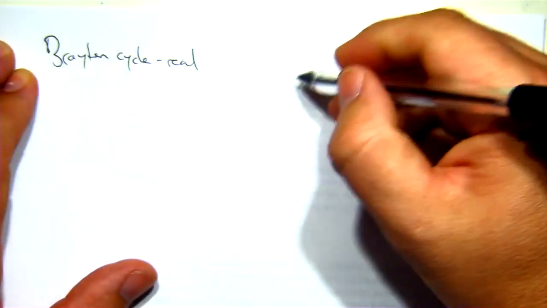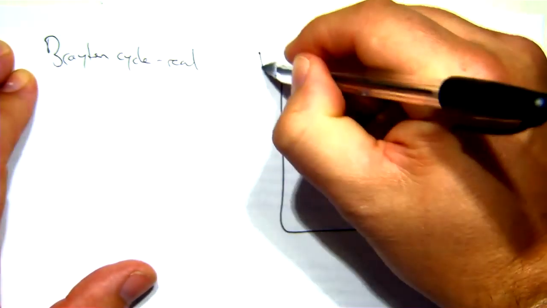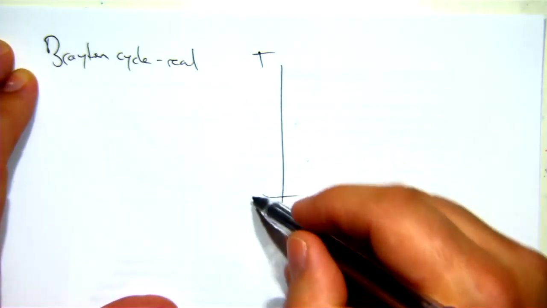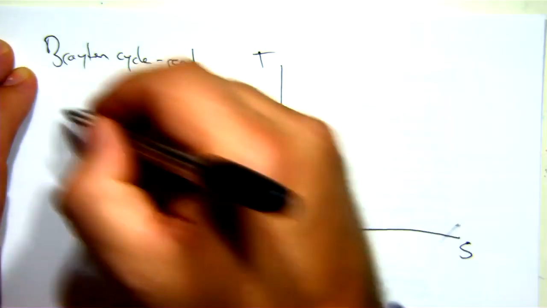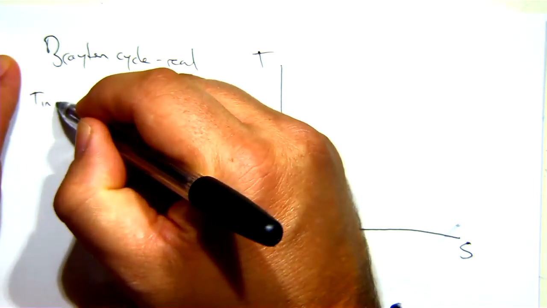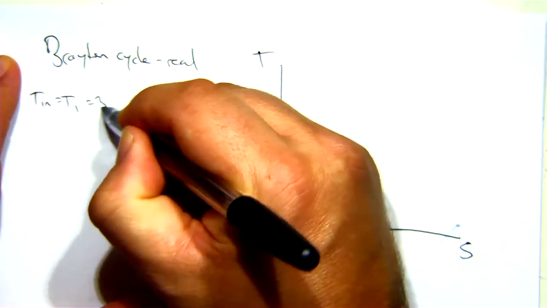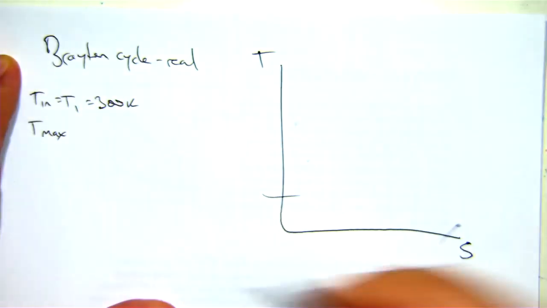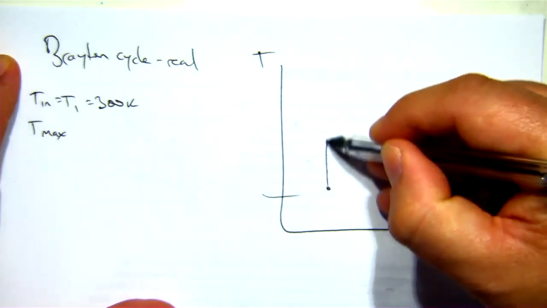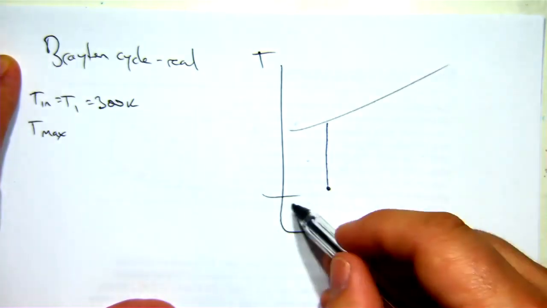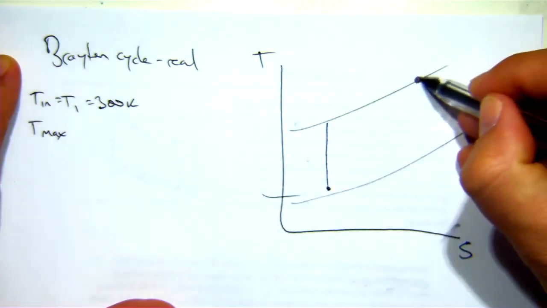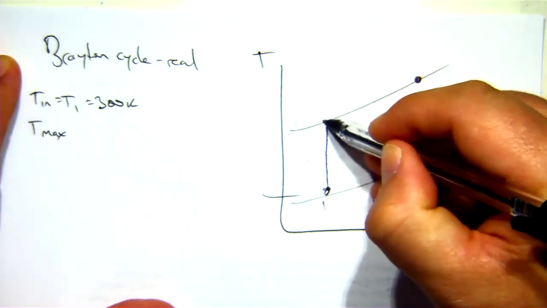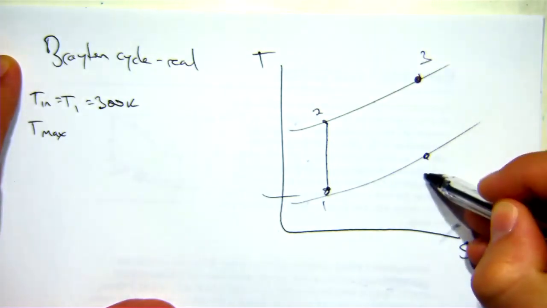Don't do anything until you've got a nice big diagram, T-S, and we were told that I had T inlet, so T in equals T1 equals 300 Kelvin, and I was told that T max, I need a graph now, there's my isentropic graph, constant pressure lines, 1, 2, 3, 4.